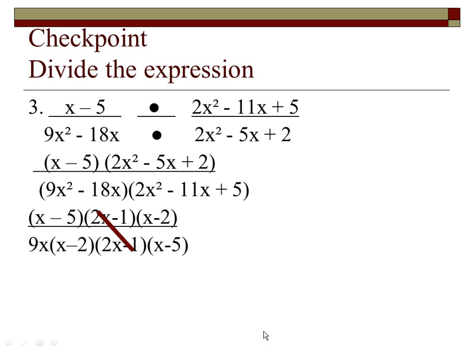And 2x squared minus 11x plus 5 factors to 2x minus 1 times x minus 5. Now that we factored everything, cancel out common terms. And this is a good one here. So notice that all of the terms in the numerator canceled out.